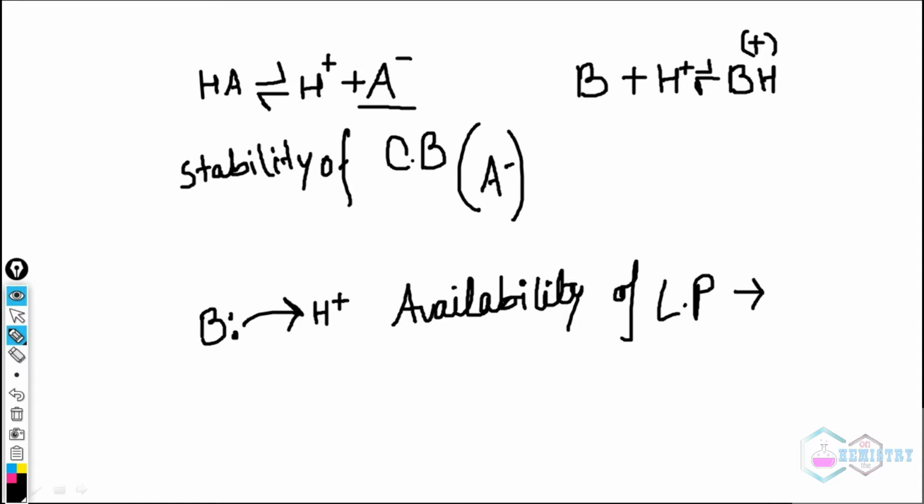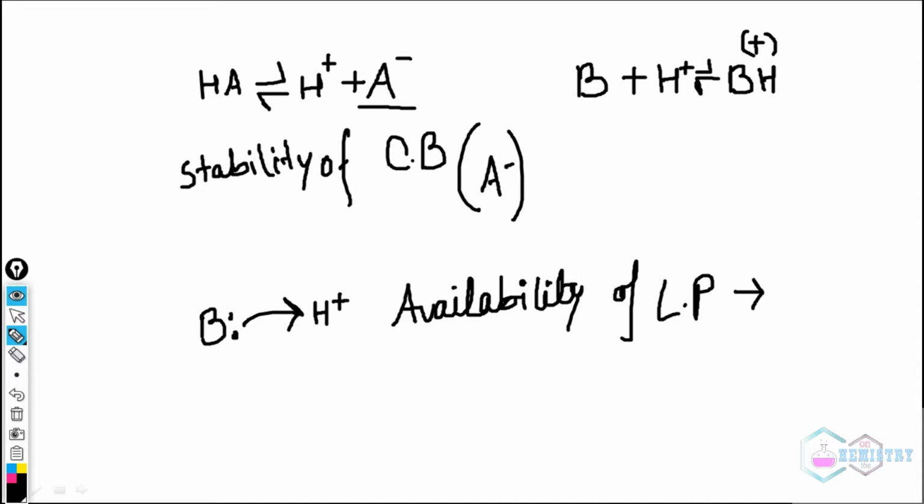The compound which can easily donate an electron or a pair of electrons will be a stronger base. So in case of acid, stable conjugate base will give a stronger acid, and in case of base, the ease of donation or availability of lone pair will be the determinant factor.